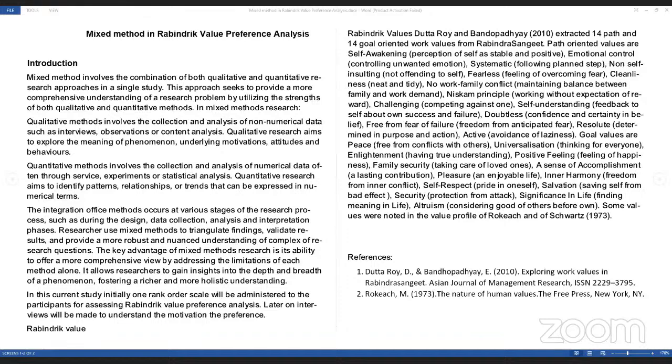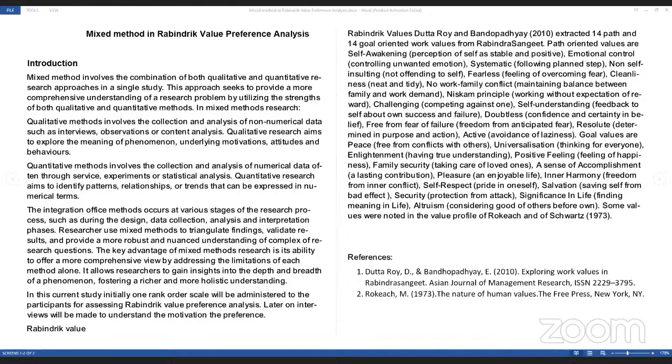Quantitative also possible, but again, the qualitative method is possible, and there you can use the observation method, interviews, etc. Another purpose is to understand the underlying motivation.